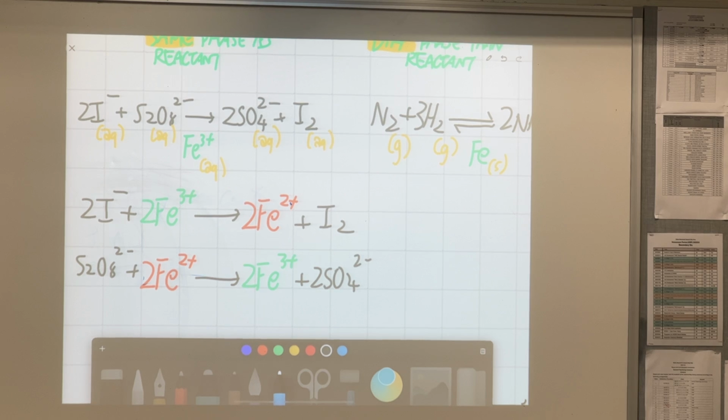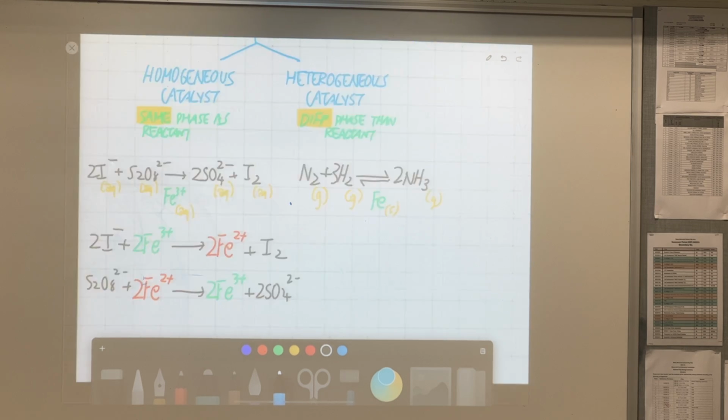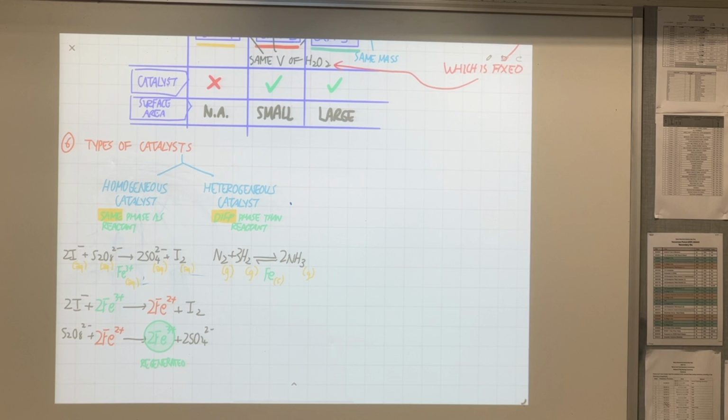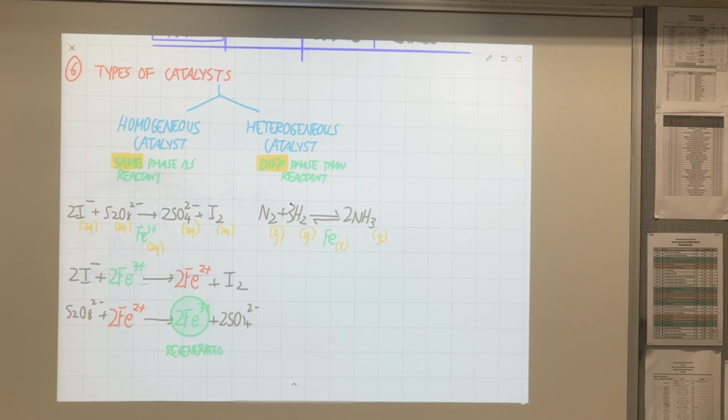So underline this term: catalyst can be regenerated or reformed. A catalyst is regenerated. This is the first way in which catalysts work. The second way in which a catalyst will work is slightly more complicated, just slightly.